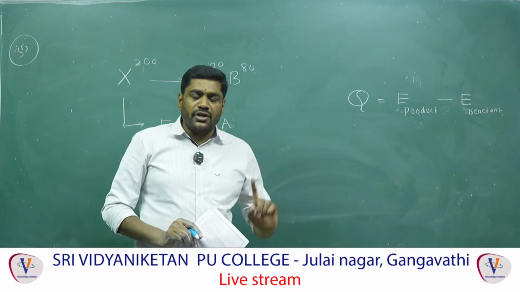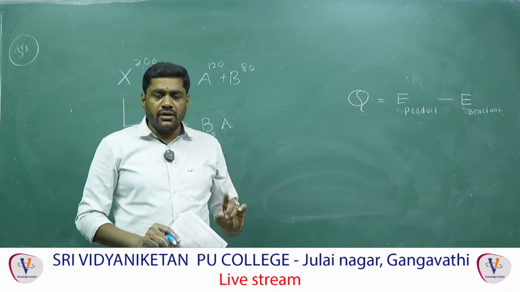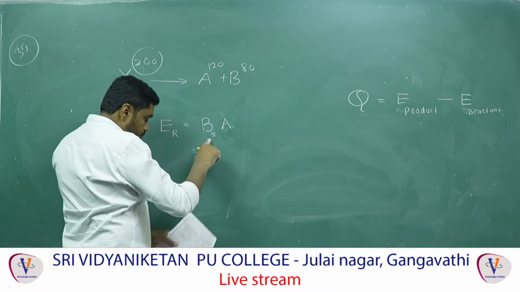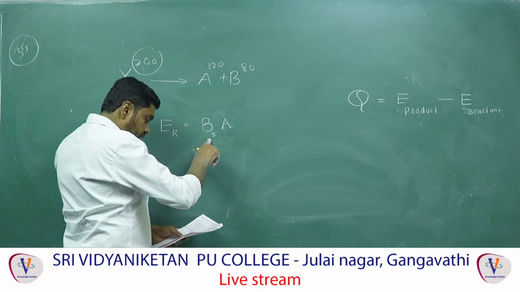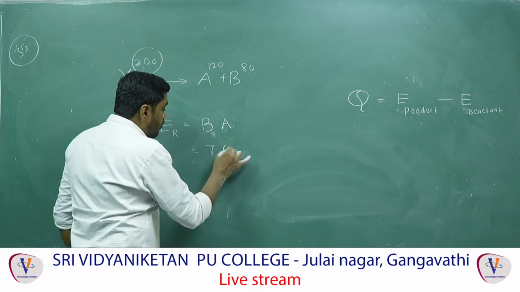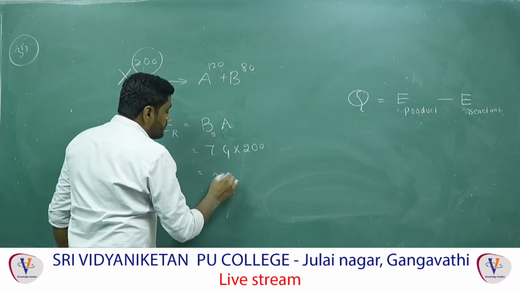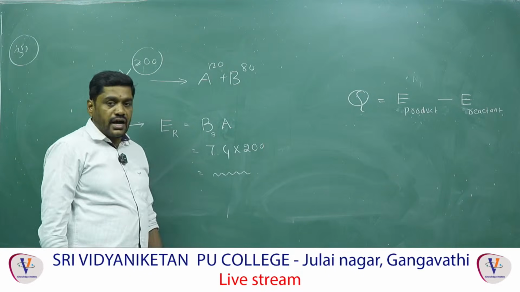Binding energy per nucleon means the energy for one nucleon. The total number of nucleons in the system is 200. So the BS value given for X is 7.4 mega electron volt, into 200. You substitute there and you will get the answer.